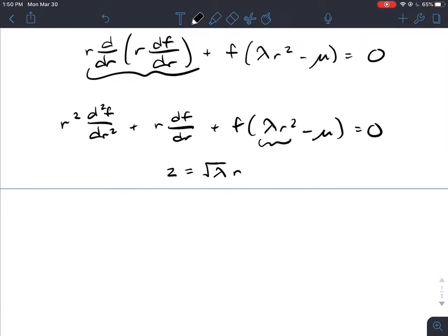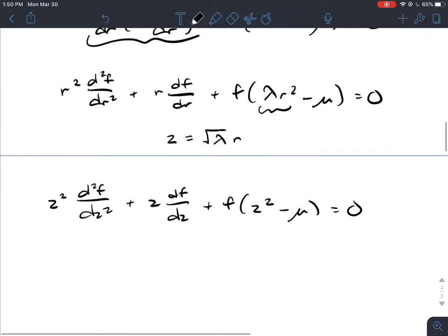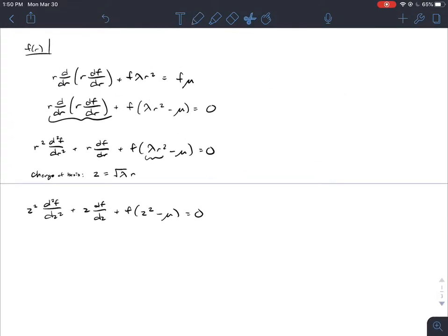And then if we do the various change of bases for derivatives, what we should end up with is z squared d squared f/dz squared plus z df/dz plus f times (z squared minus mu). So this is a change of bases, and we're basically changing the derivatives with respect to z.